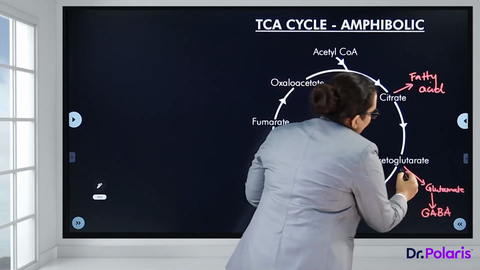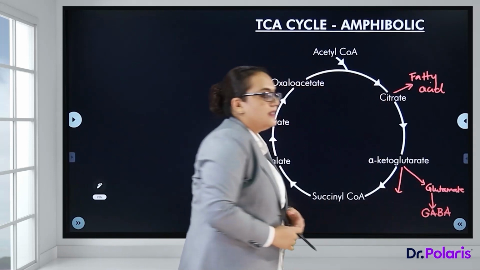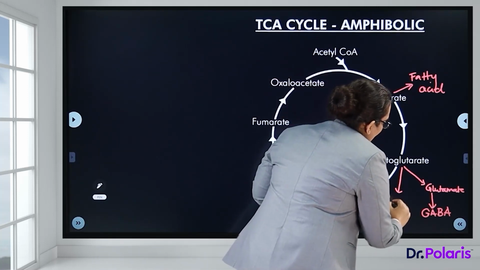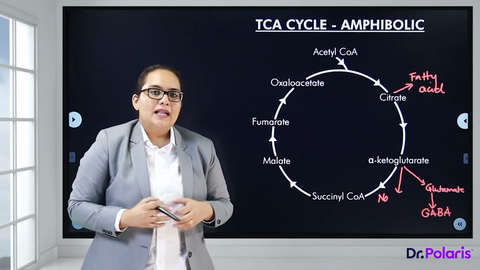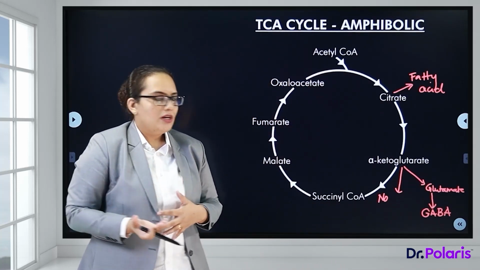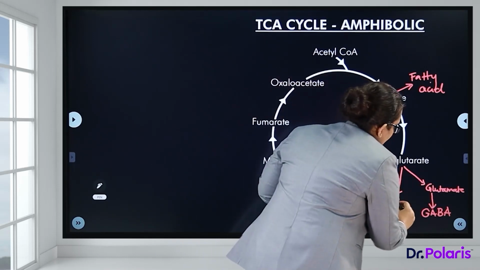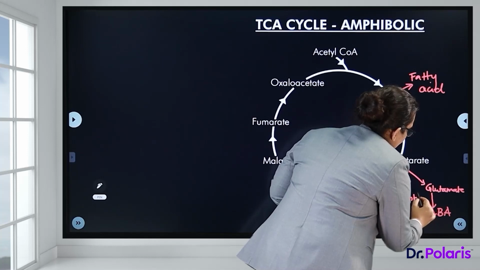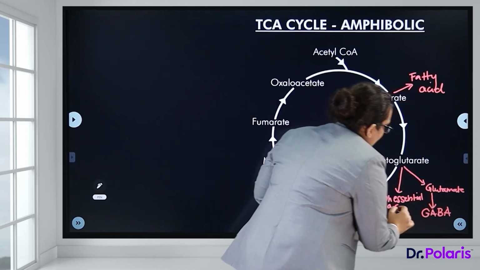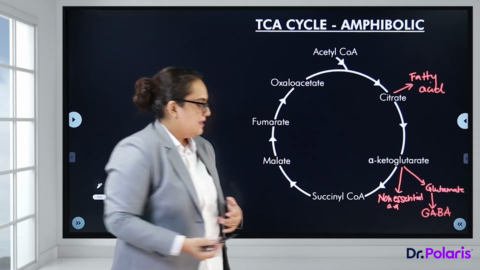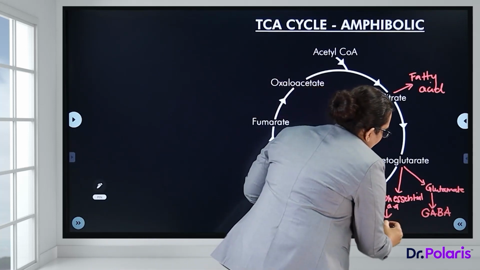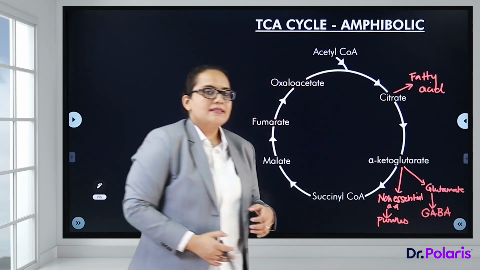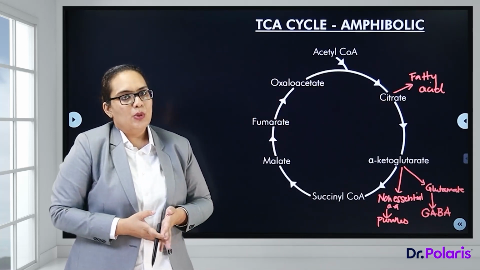Apart from that, alpha ketoglutarate can also form certain non-essential amino acids. Non-essential amino acids are those which are synthesized in our body and you do not require to take them through your diet. So alpha ketoglutarate can form non-essential amino acids. And these non-essential amino acids can be used in the synthesis of purines. Purines are nitrogenous bases such as adenine and guanine.